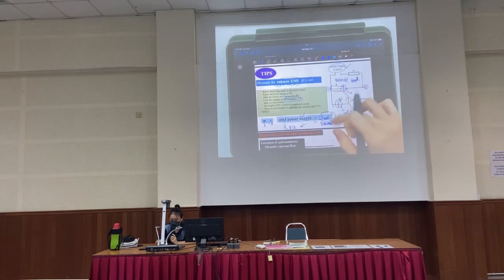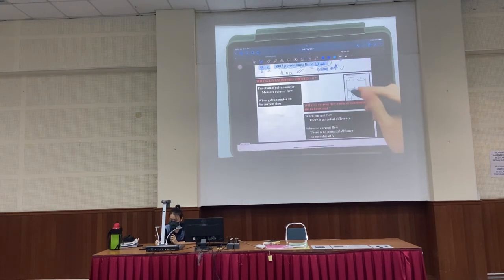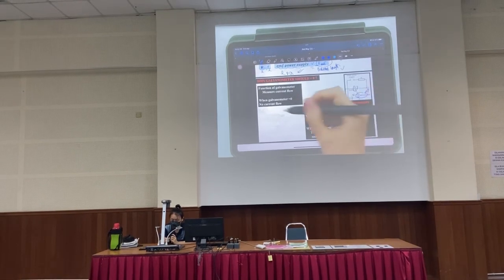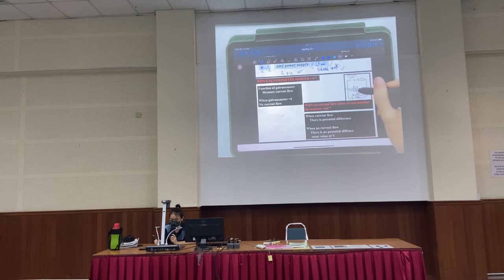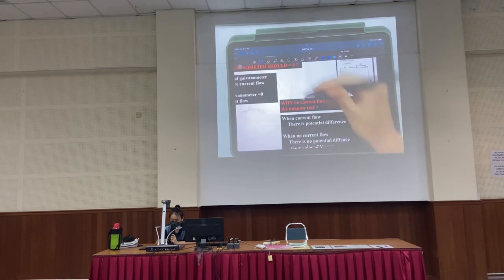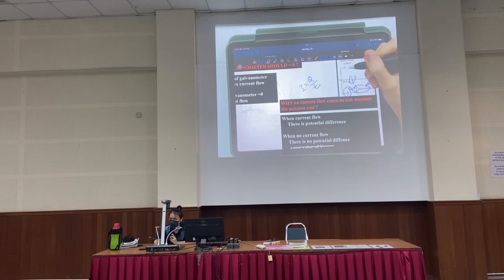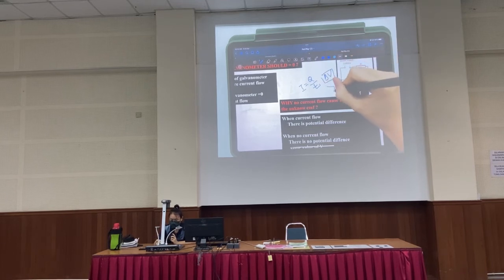You guys might be curious about why we should slide the jockey until the galvanometer equals 0. When the galvanometer equals 0, it means no current flows through this circuit. Then why can no current flow help calculate the unknown EMF? This is because the current is equal to Q divided by T, the flow of charge. So when will the charge flow? The charge will flow when there is a potential difference between two points. You can imagine it like a bottle of water.